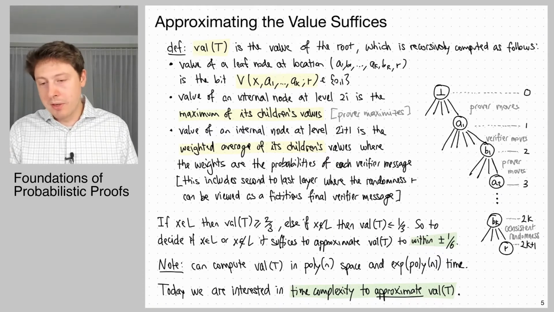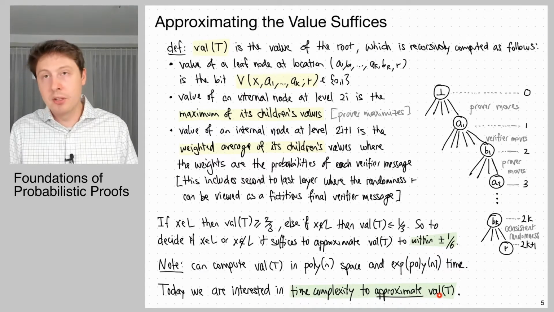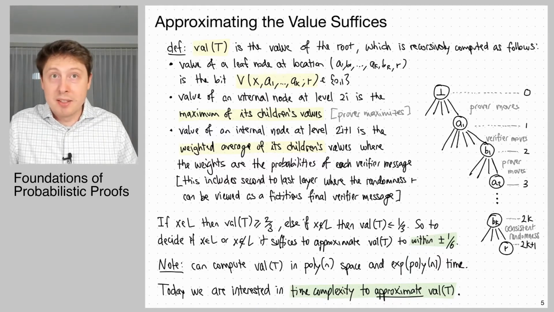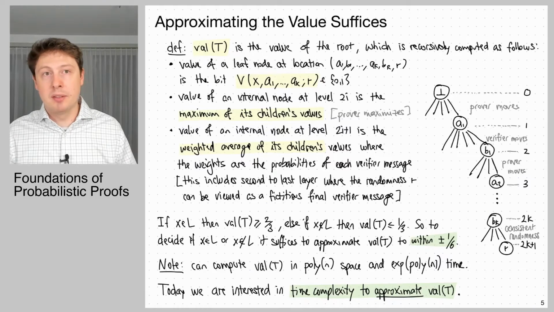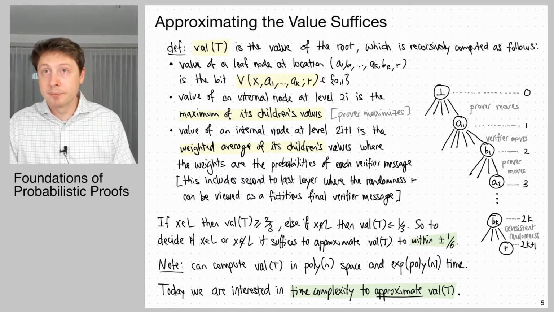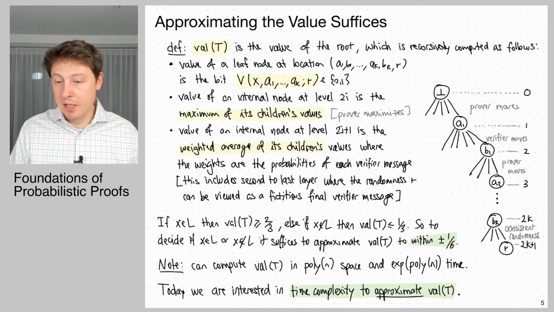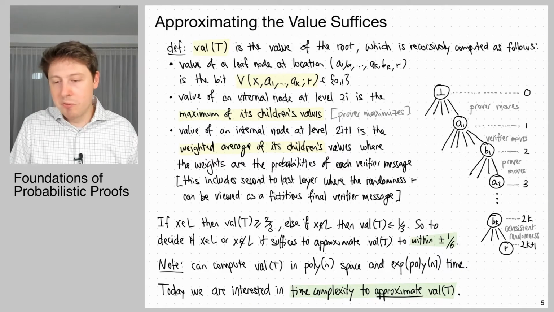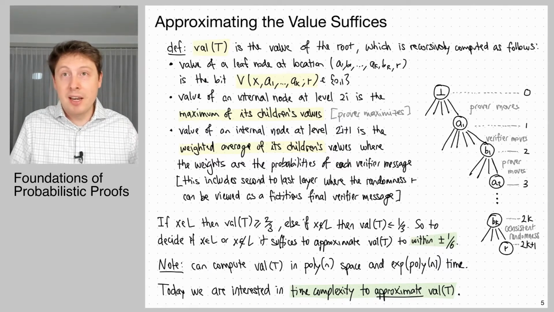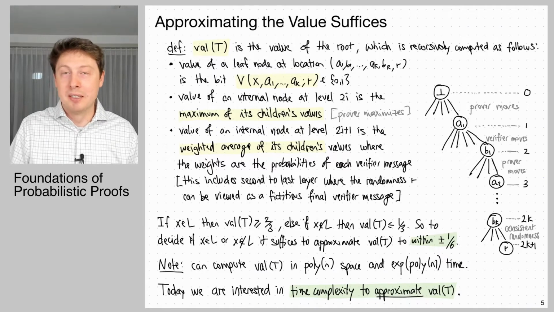So we want to understand this tree or approximate things about this tree so that we can approximate the value of the tree, which tells us yes or no for the given instance, in time that is related to the communication complexity. Hopefully that answers the question. Again, intuitively, if you give me a generic interactive proof, I got nothing but the tree. That is the thing that it is, right?